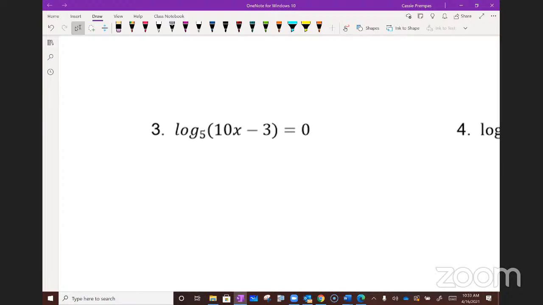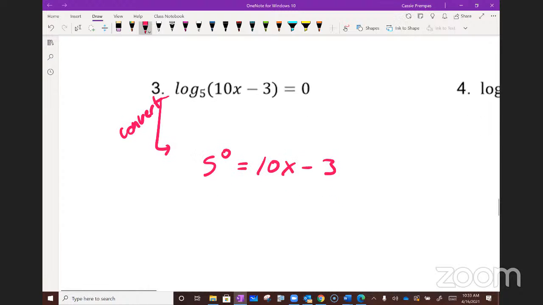Raise your hand if you can tell me, how do we do this problem? Charlie, okay, it's already isolated, awesome. So 10x, you change it to exponential form, so 5 to the 0 equals 10x minus 3.